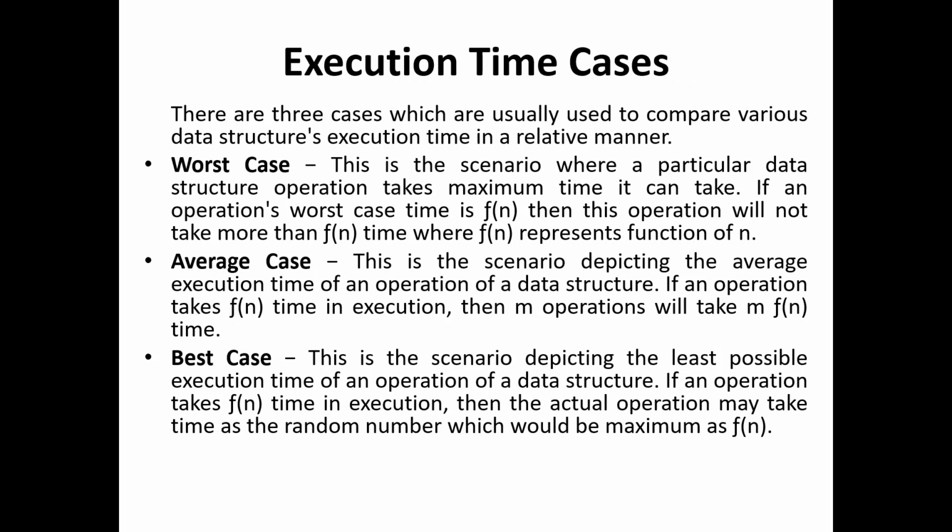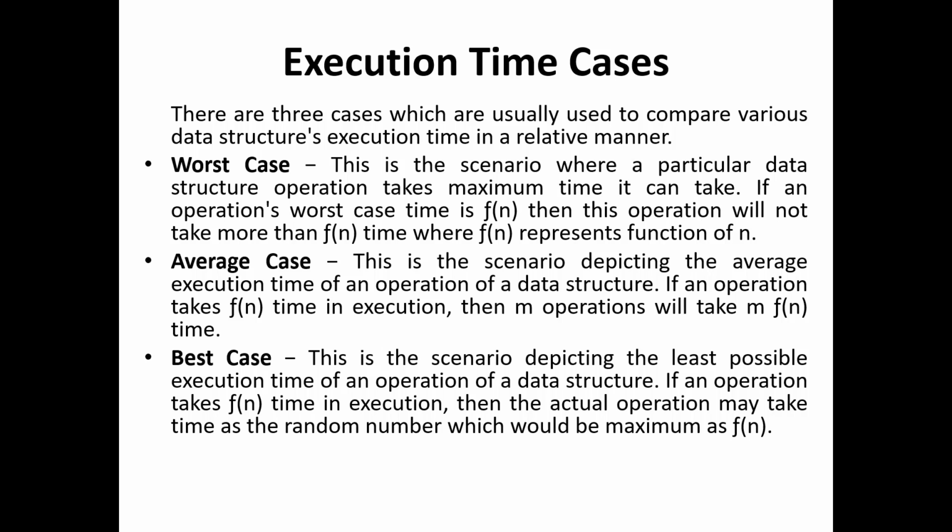Then coming to execution time. During execution of the data structure implementation, there are three important cases you can follow: worst case, average case and best case. The worst case is the scenario where a particular data structure operation takes the maximum time.